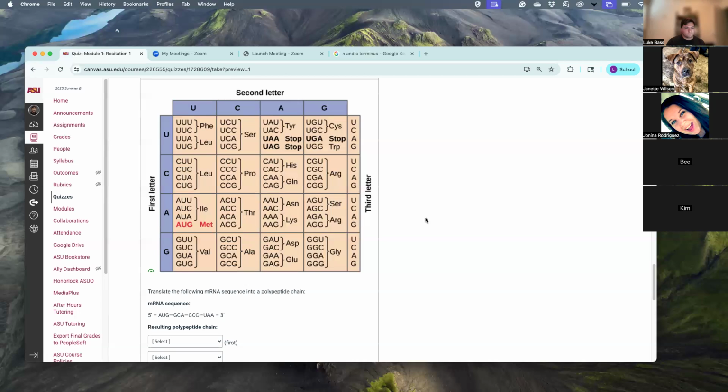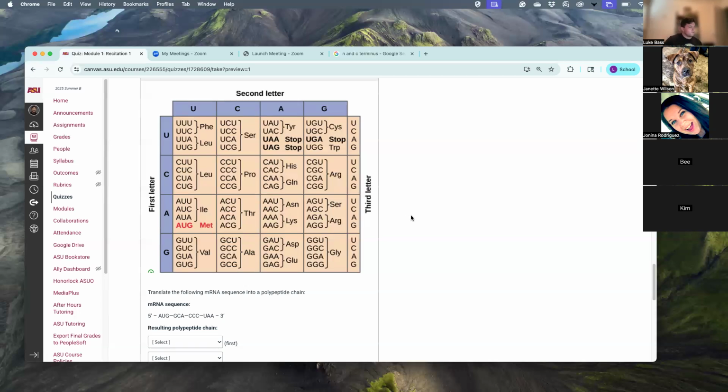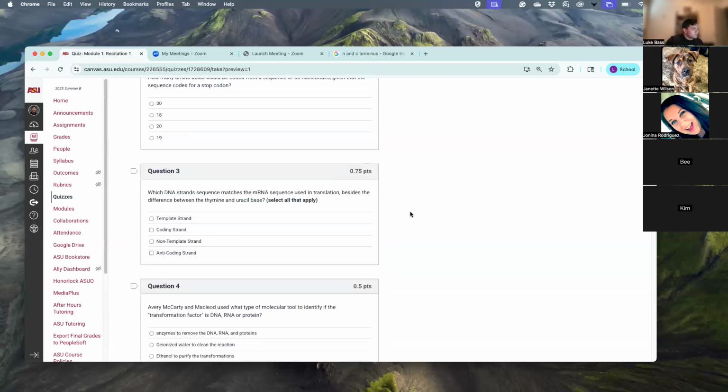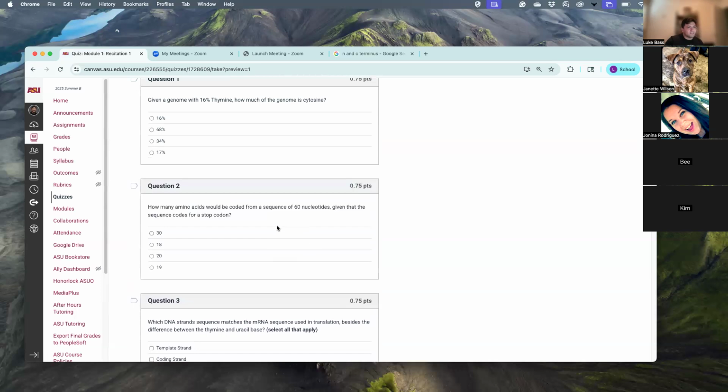I think so. Okay. Yeah, because I don't know if you're talking about which question it was. Like a question like number two, where it says how many amino acids would be coded from a sequence of 60 nucleotides.